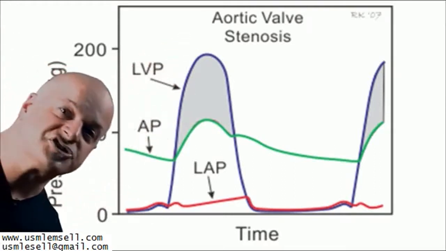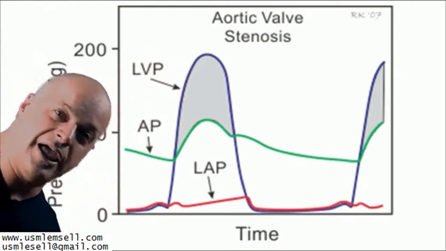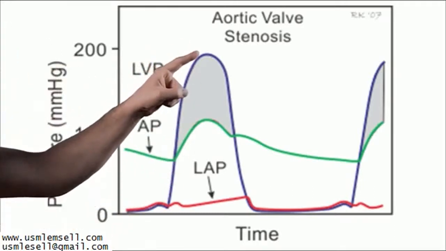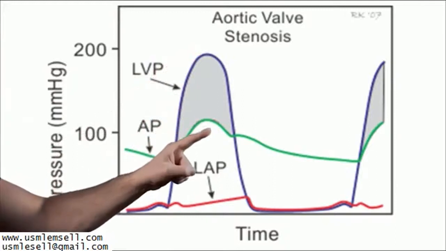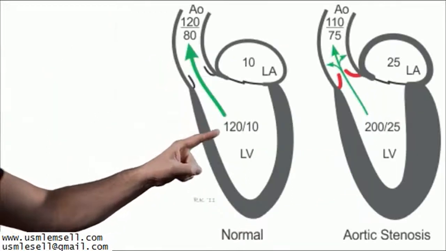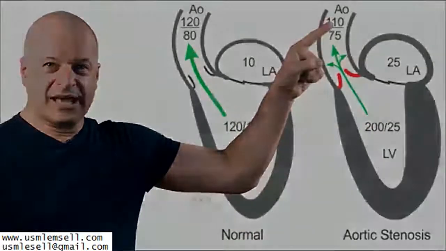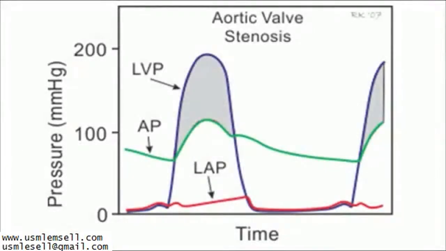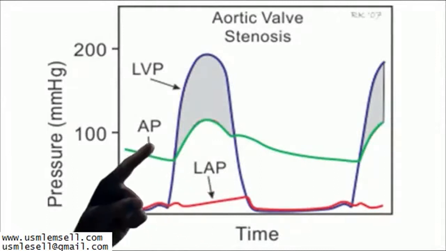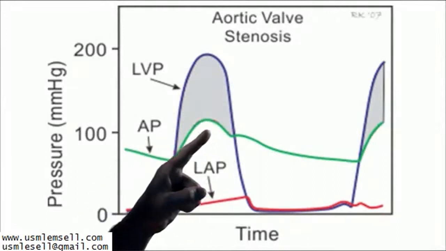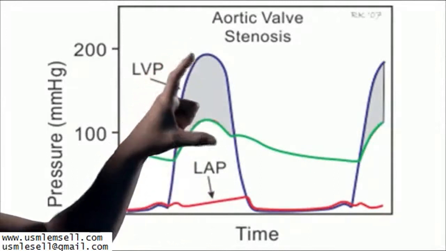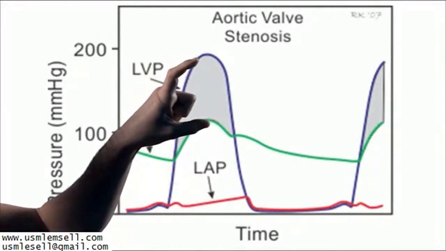Because there's a stenotic valve in the way. Look, 200, 110. So this is a representation of that valve gradient. The aortic pressure is so much lower than the left ventricular pressure because there's a stenotic valve in the way.